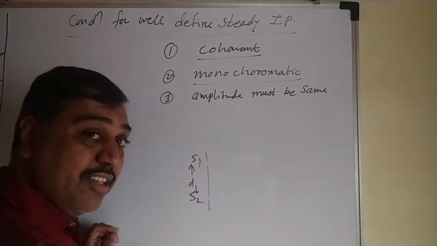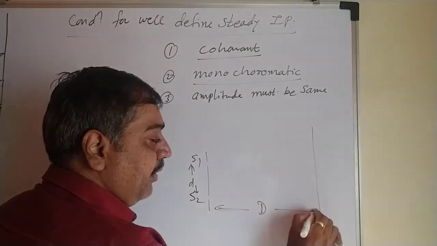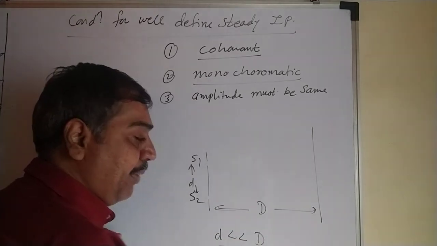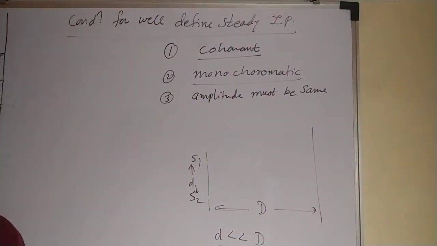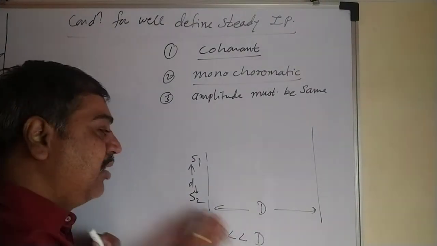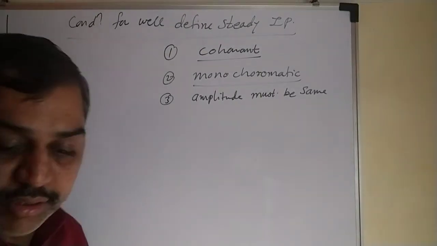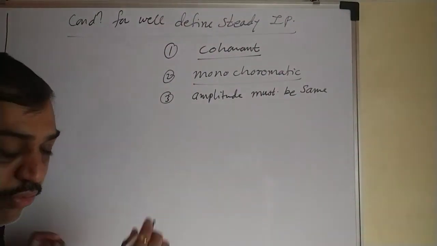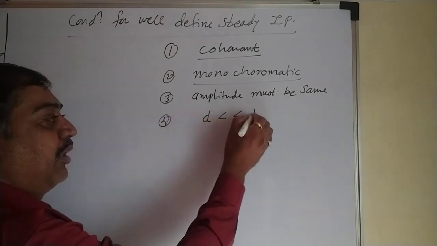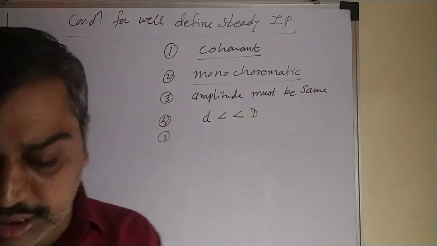This d must be very small as compared to the distance from the slits to the screen, which we have taken as capital D. If this condition is not satisfied, you can't get a well-defined interference pattern. So d must be very much smaller than capital D. That's why this condition is introduced here.